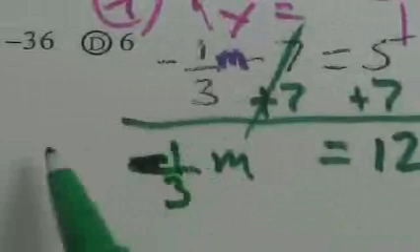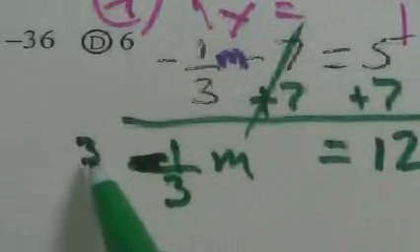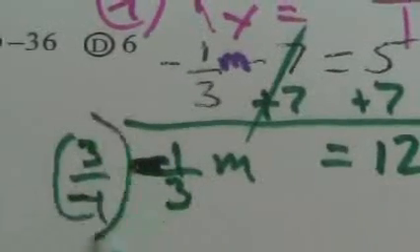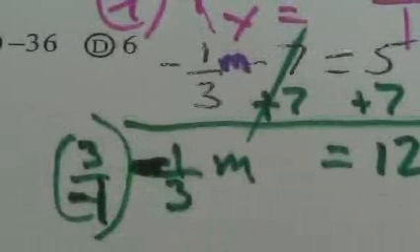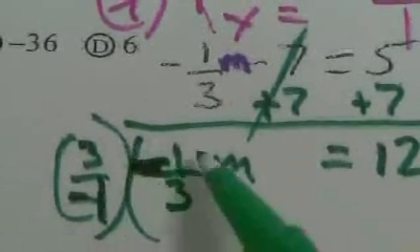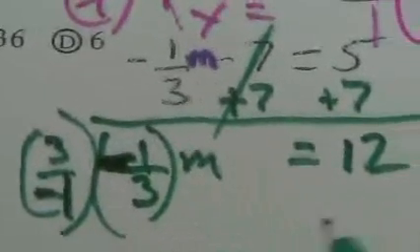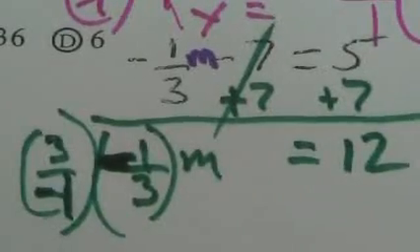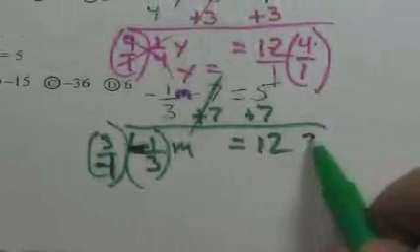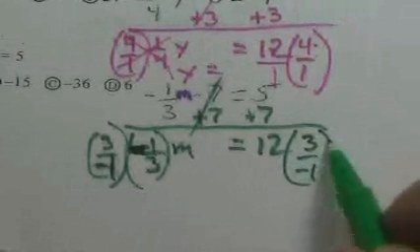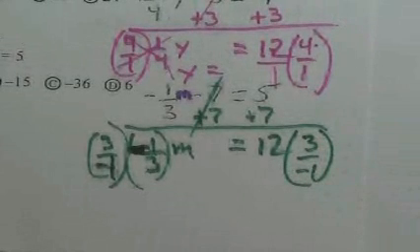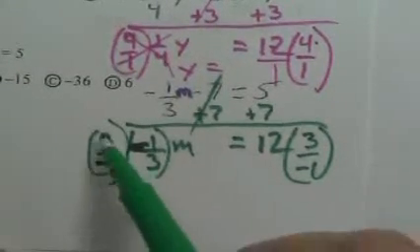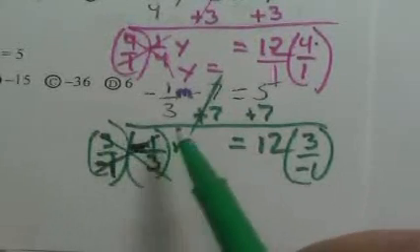To get rid of a fraction, use a reciprocal. 3 over negative 1. Okay, and that will get rid of, that's reciprocal. But you have to do the same to the other side. 3 over negative 1. Okay, so what happens here? The 3's cancel, the negative 1's cancel.